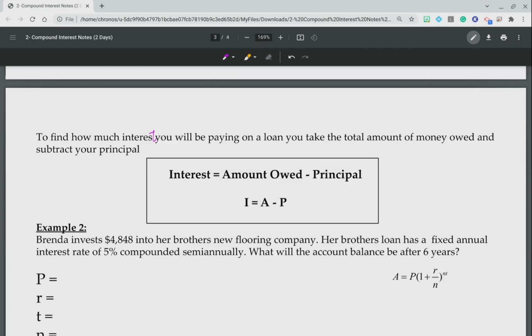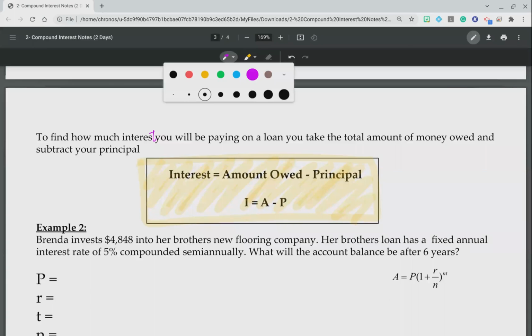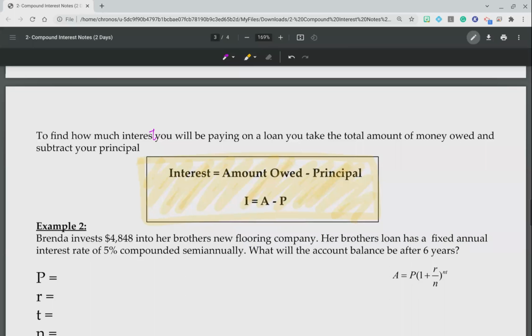So this is very similar to what we did with simple interest, but I did type out this formula. So if it's just asking how much interest you paid, you're taking your A, which remember all the way up at the top, that's the amount that you owe after the interest, and you're subtracting the original principal. Okay, so let's try one of these.